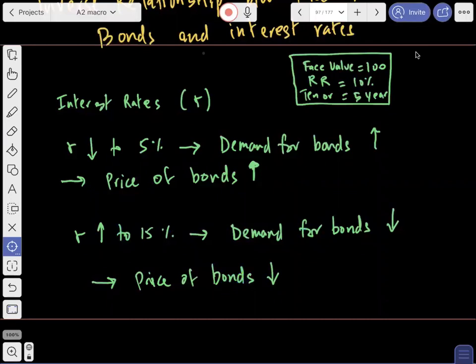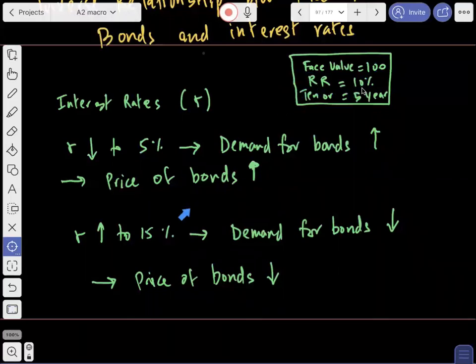Sajil is saying demand for bonds with return lesser than 15% will go down. Exactly. Any bond. In fact, let's talk about this bond. This bond has a less than 15% return. So when the interest rates are falling, this bond becomes very valuable. When the interest rates are rising, this bond becomes less valuable.